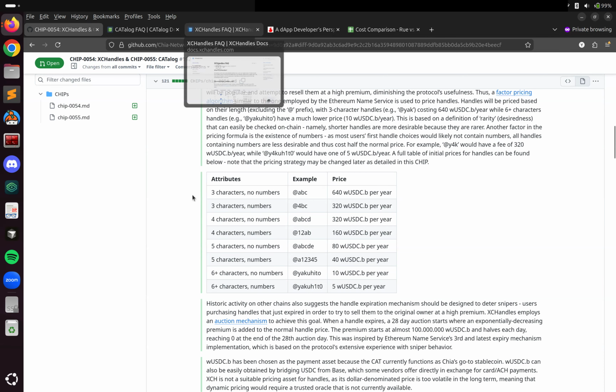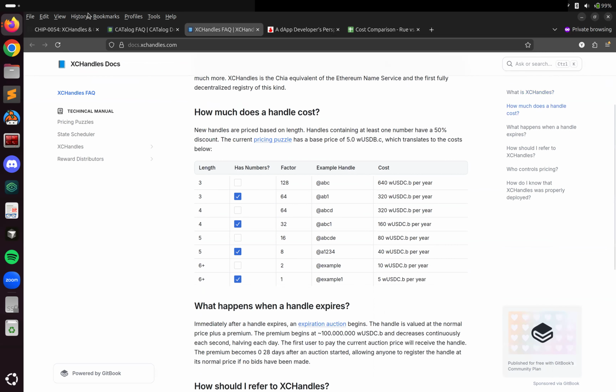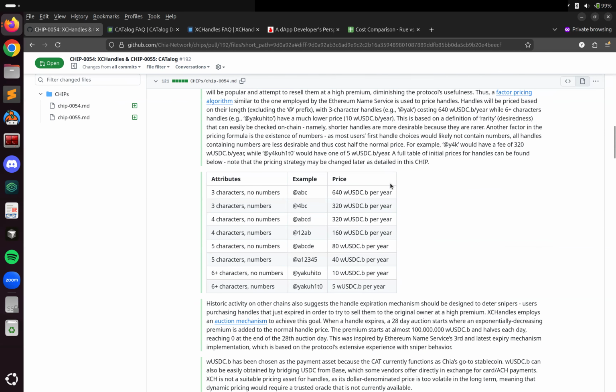So actually, you can also see this table in the docs. But what's happening here is the shorter the handle, the more people are likely to want it. So naturally, shorter handles will have a higher registration fee.